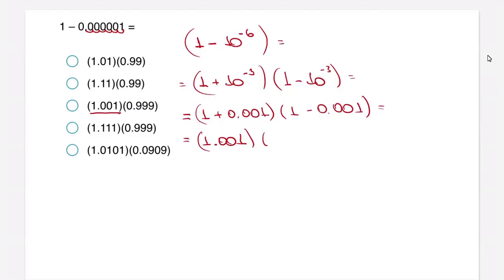And 1 minus 0.001 is 0.999. Okay? Easy? So the theory is a squared minus b squared is a plus b times a minus b. Okay? Any question?